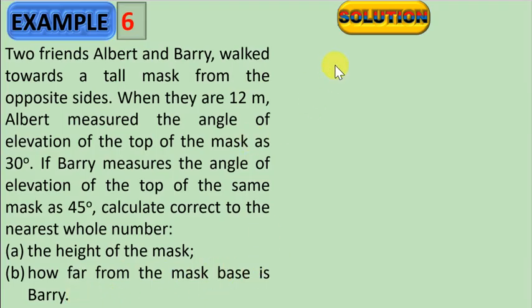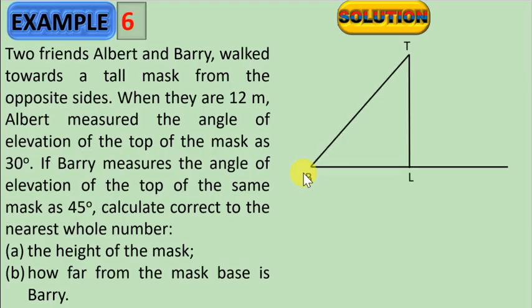So now let's solve this question. So we have the mast. The two friends, one is on the left and the other one is to the right. So now we look at that. The angle of elevation here is giving us 45, while this one is giving us 30.